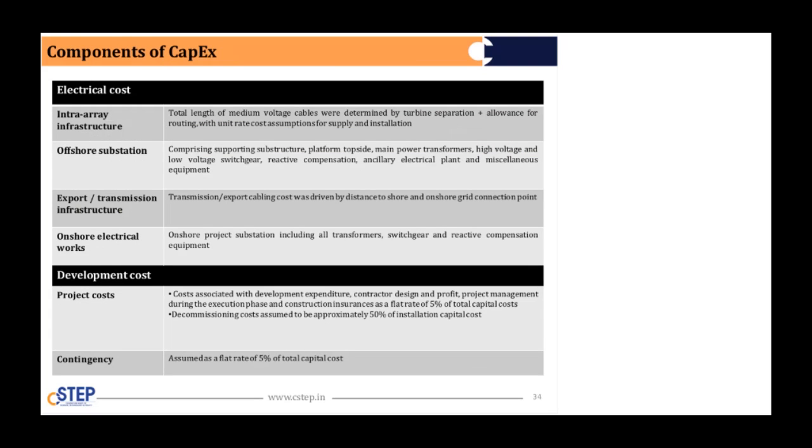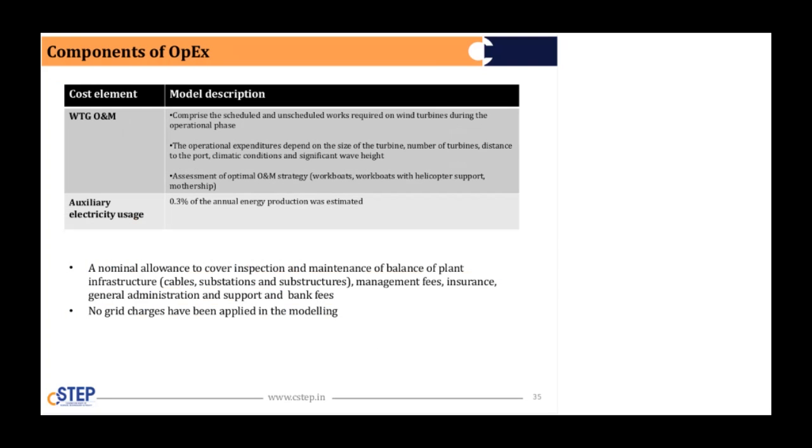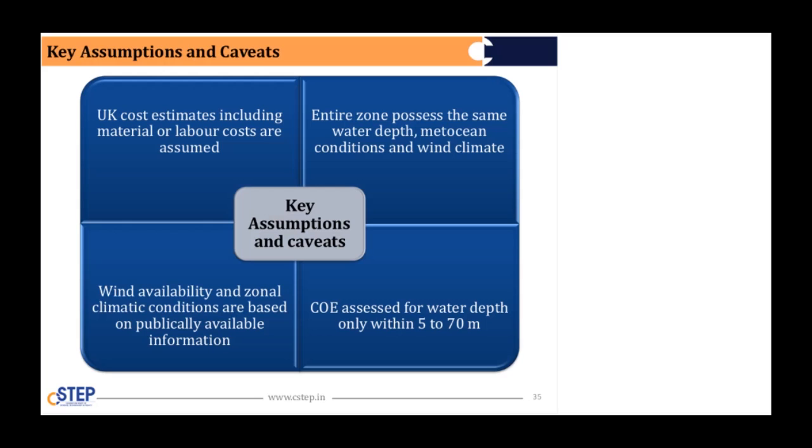Turbine costs, foundation costs, and electrical costs, which include the intra-array infrastructure, offshore substation, export transmission infrastructure, etc., consisted of Capex, whereas OPEX included operations and maintenance activities and a nominal 0.3% of auxiliary electricity usage from another captive source. But we have to bear in mind that these assumptions are UK cost estimates, including material and labor costs.